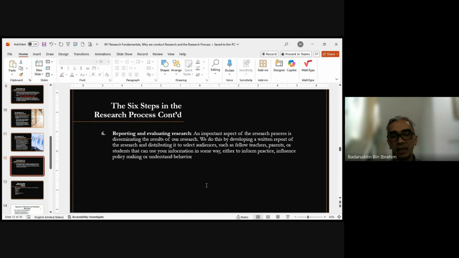So bear in mind, that's why the hardest part of research is to convince others or your audience of the significance of your findings. All 6 steps that have been explained previously have their own challenges. I'm not saying that this is the only hardest part. All 6 steps in the research process have their own challenges, have their own issues.